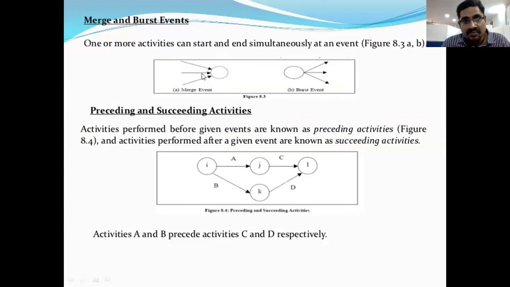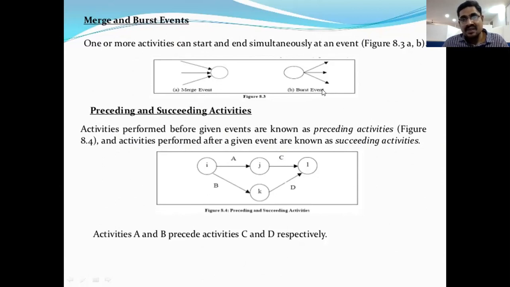Suppose we take A, B, C. These three connect to a single node. That is called a merge event. Suppose A, B, C, and maybe D: A, B, C will come to this D node point. This type of diagram is called a merge event.